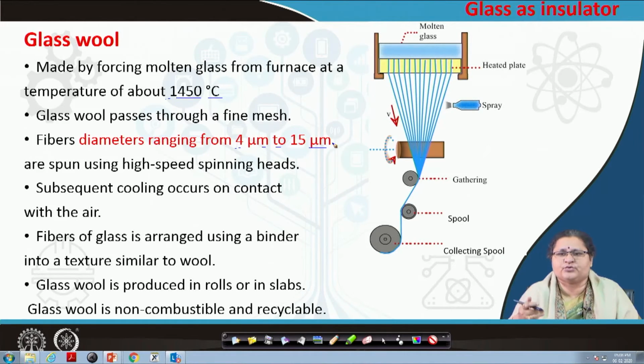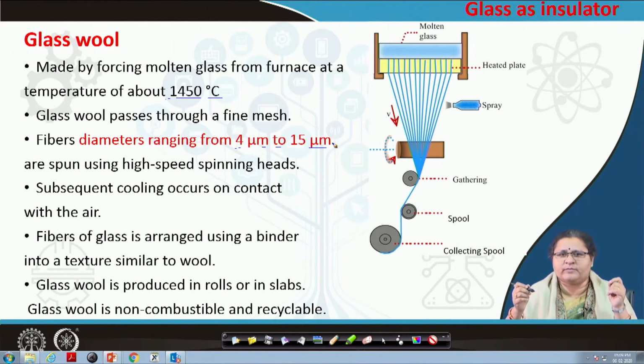So, the glass which was cast as plate has now been transformed to fibers or wool-like material. They become glass wool when they are arranged in a particular fashion, and you can produce them in rolls or in slabs, which are also called bats.